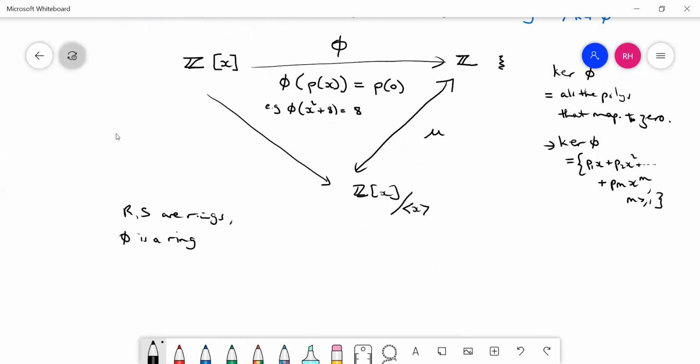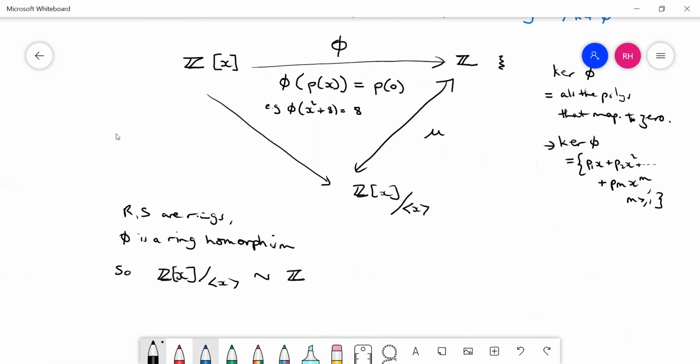I'll leave you to check that and just ask me questions via comment or email if you can't show that it's a ring homomorphism. And so then the conclusion is that this quotient ring is isomorphic to Z.